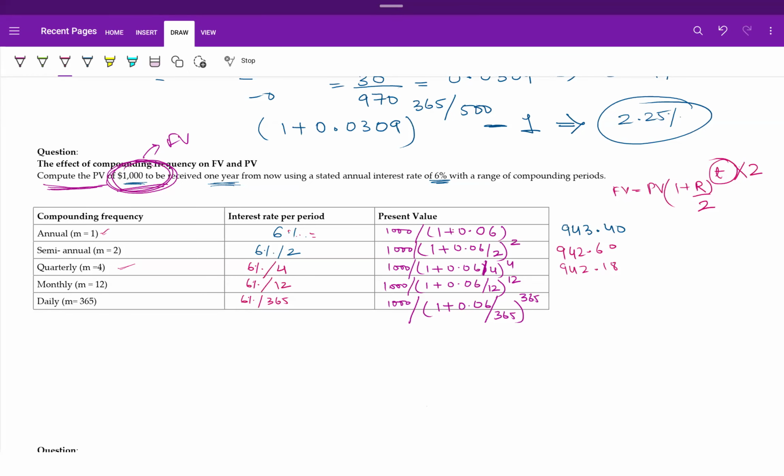And similarly for monthly and daily, if we do the calculations, for monthly it's going to be 941.91, and for daily compounding it's going to be 941.77. The difference here is because of the increase in the frequency. This is the important and main crux which you need to pay attention to.